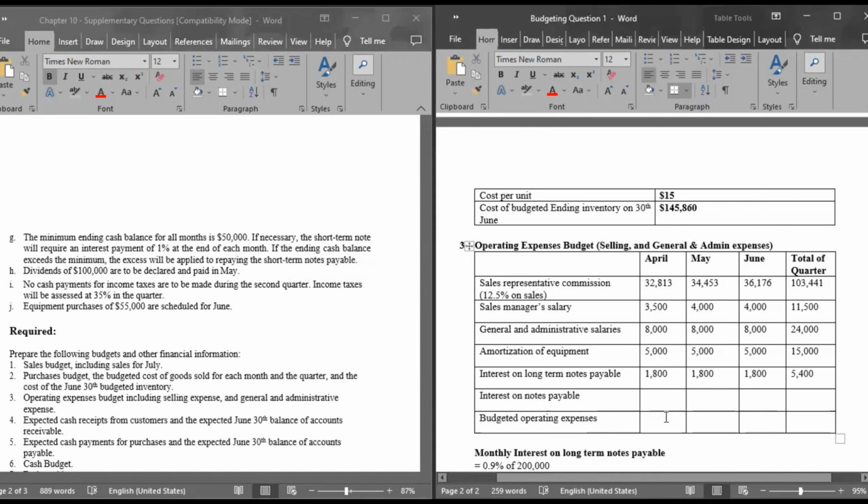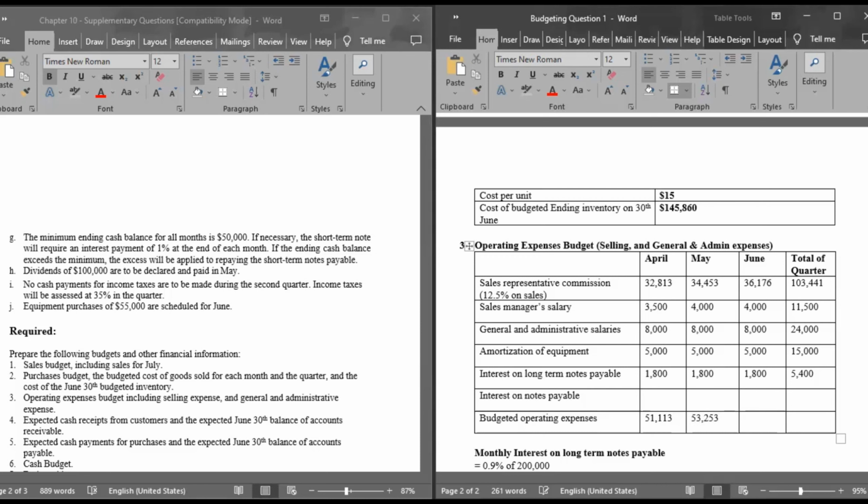How much is the amount of budgeted operating expenses for April? 51,113. Okay. For May, 53,253.